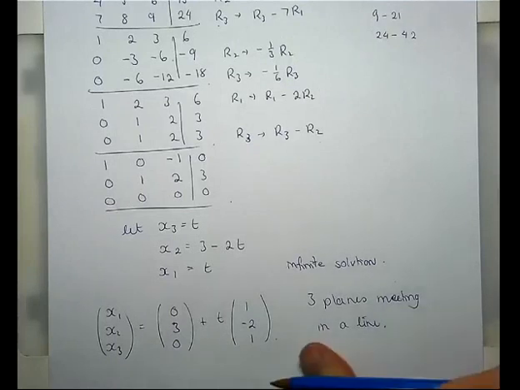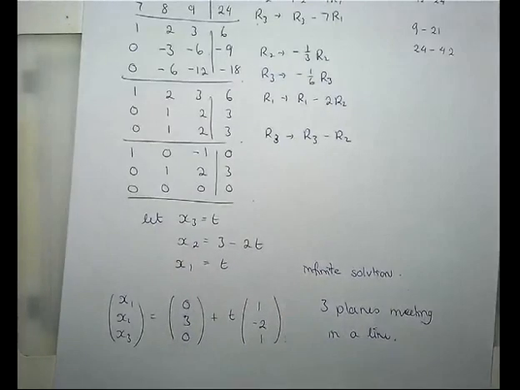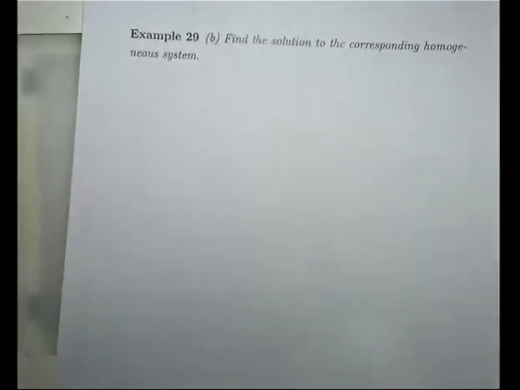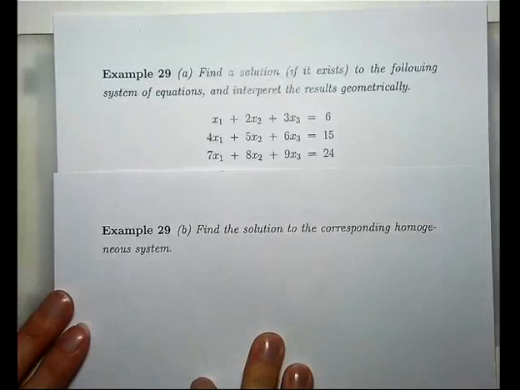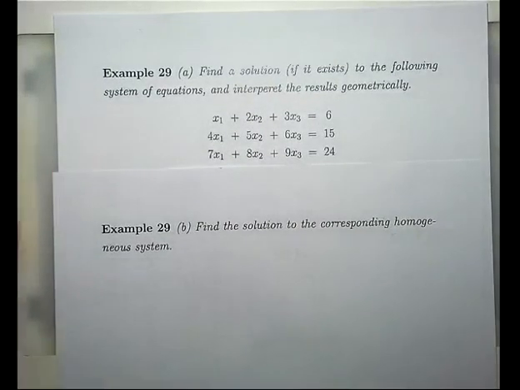All right, there's a little part B to this question. Let's keep the equations there. Find the solution to the corresponding homogeneous equation. Don't forget, the corresponding homogeneous equation means take the interesting left-hand side part and just make the right-hand side 0.